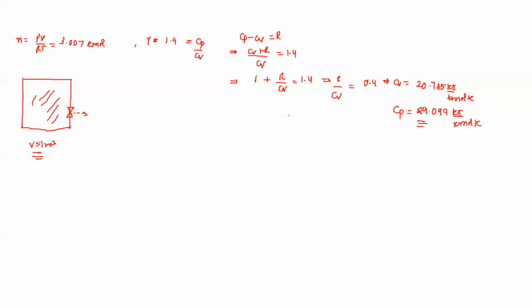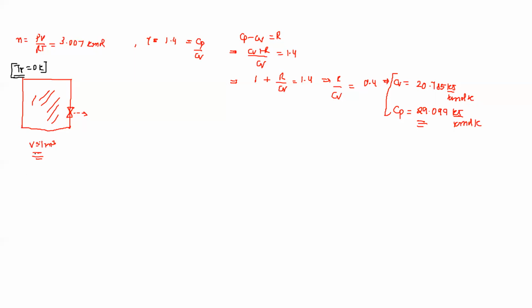All right. So once we have Cp and Cv, then we can move on with the further calculations of the question. Now, since there is no reference temperature given, we'll take reference temperature as 0 Kelvin.